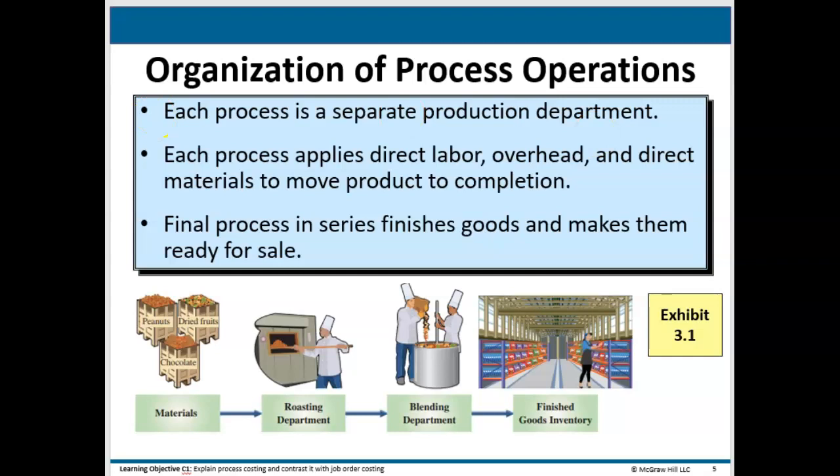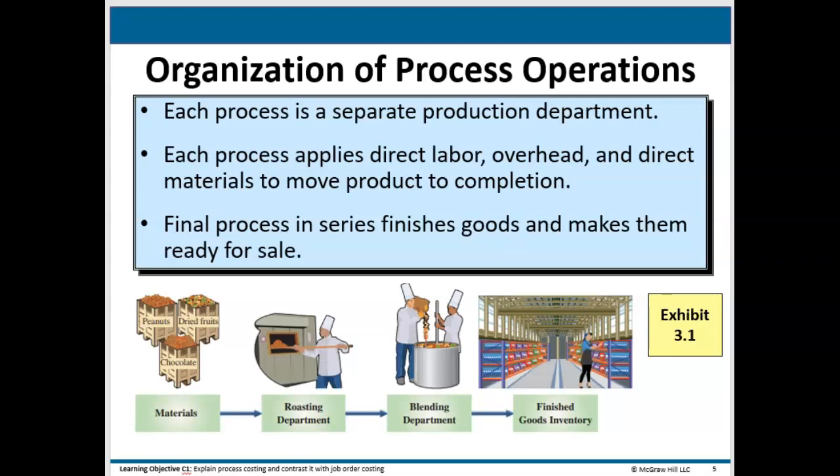So the way that they process, there's an organization of the process of operations. So each process has a separate production department. And then each process applies direct labor, overhead, direct materials, and that's moved into the product into completion.